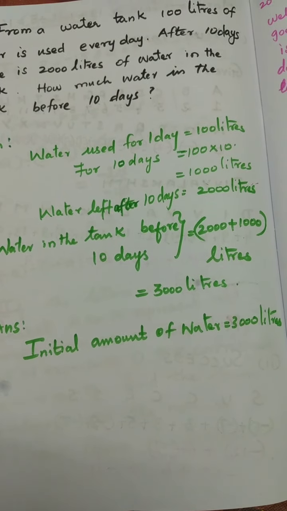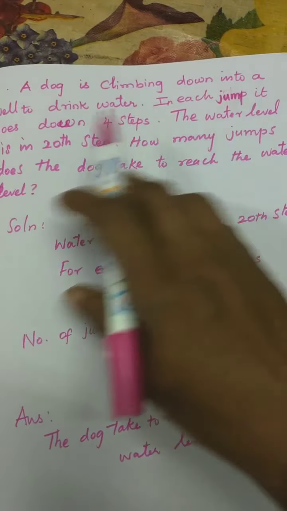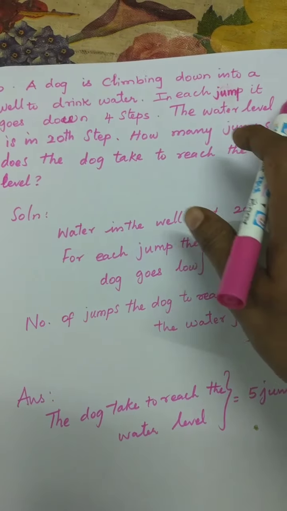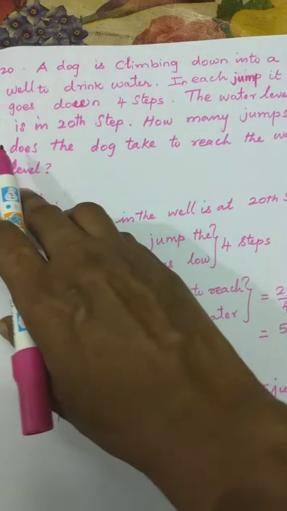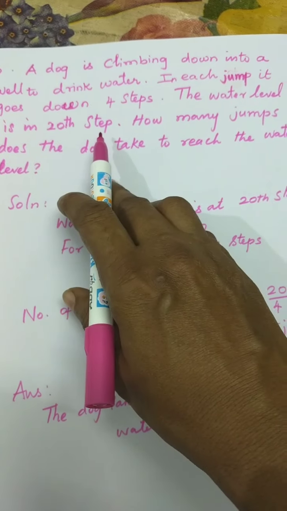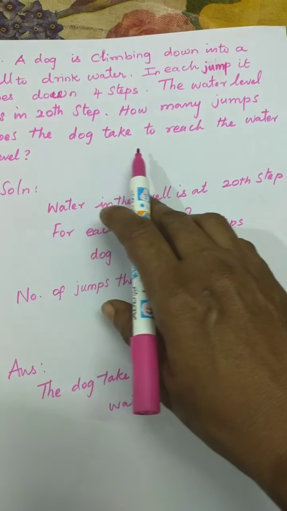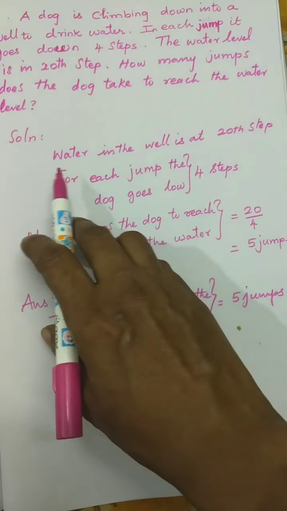Okay. Then a dog is climbing down into a well to drink water. In each jump it goes down 4 steps. The water level is at the 20th step. How many jumps does the dog take to reach the water level? Solution.